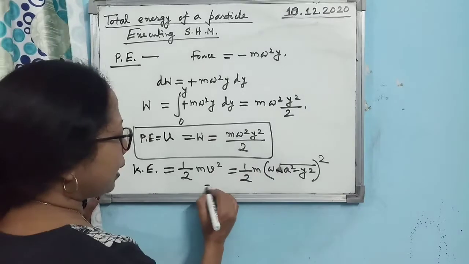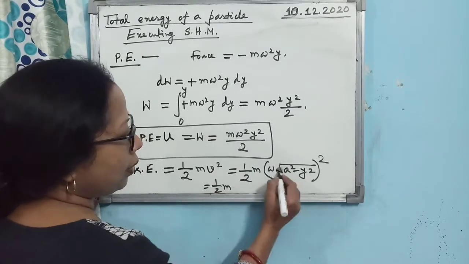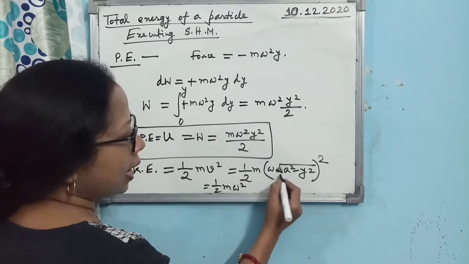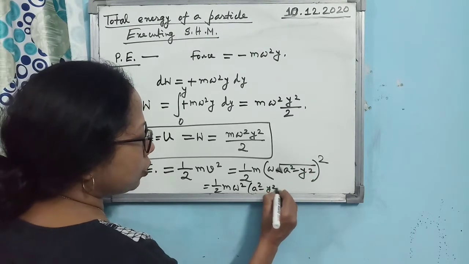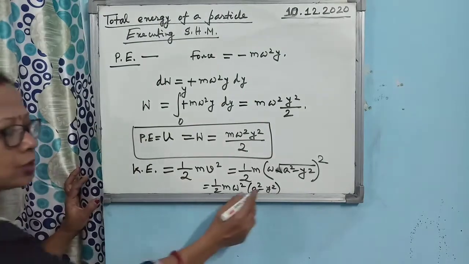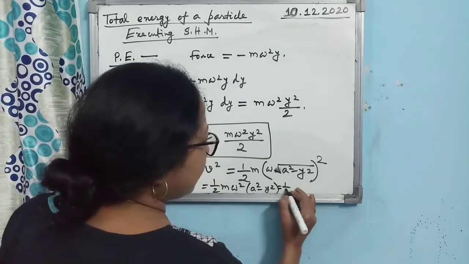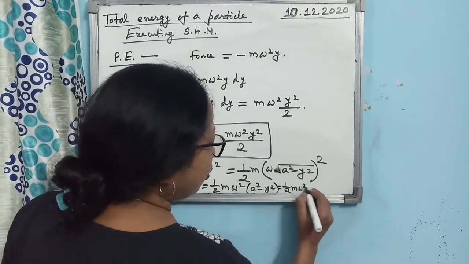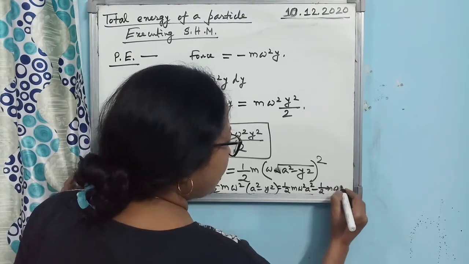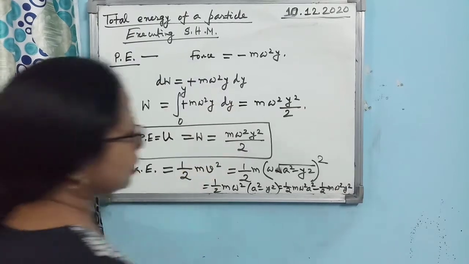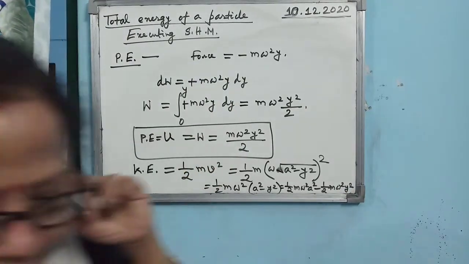So how much are you getting? Half m omega square, and the square root will be removed, so it will become a square minus y square. So how much is the kinetic energy? Half m omega square a square minus half m omega square y square. Is that clear? How much are you getting?